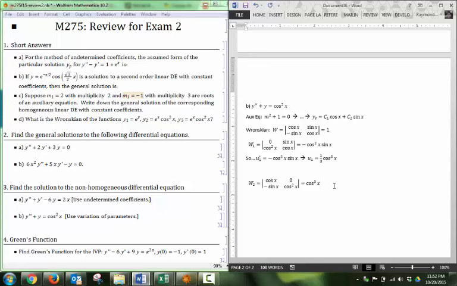So the antiderivative of that, well, before we jump to the antiderivative, let's write out our u sub 2 prime, and that would be cosine cubed.